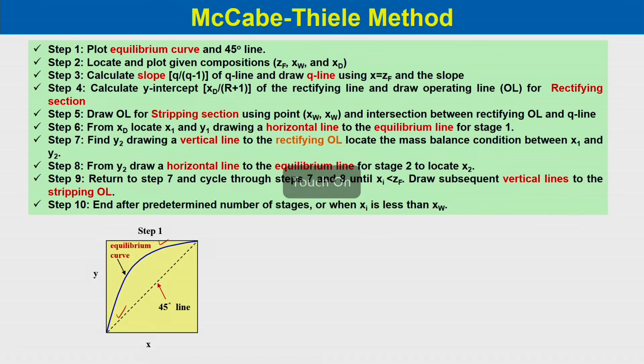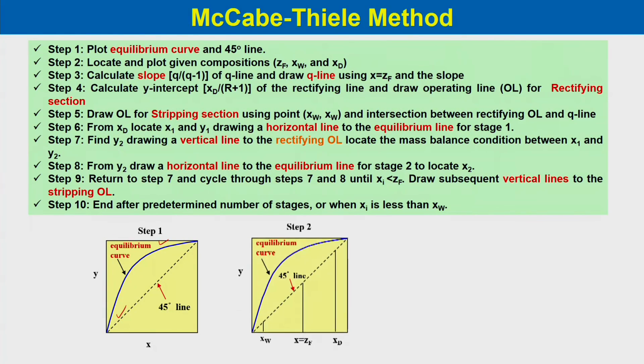In the second step, locate and plot the given compositions, that is ZF, XW and XD. So, this is ZF on the 45-degree diagonal, then XD is over here and then XW is over here. The location of these points on the 45-degree diagonal should be known.